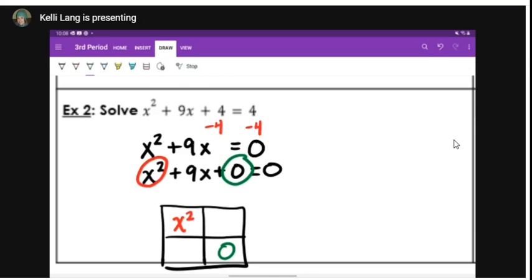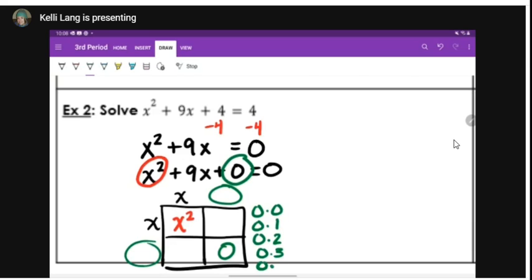So we're looking at a unique factoring example that we haven't done just yet. Once you get to the point where you need to find 2 numbers that multiply together to give you that bottom right square, this becomes a pretty expansive problem. I need 2 numbers that multiply together to give me 0.